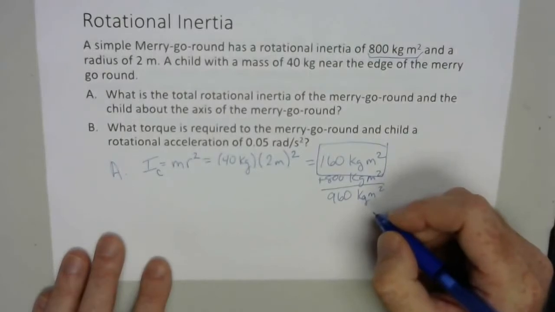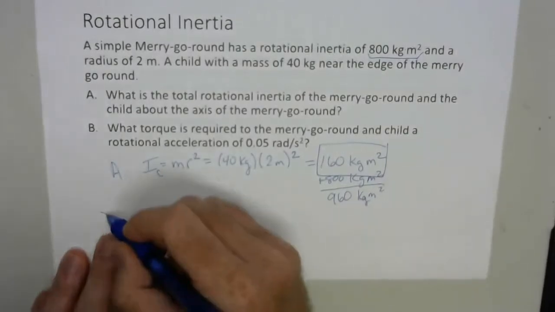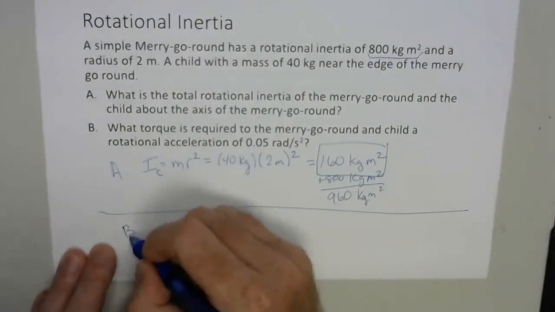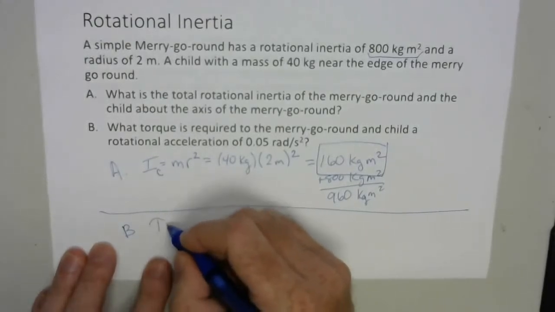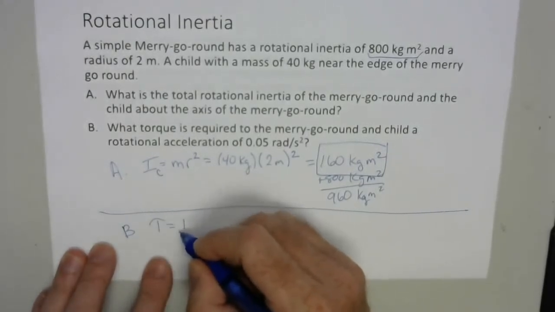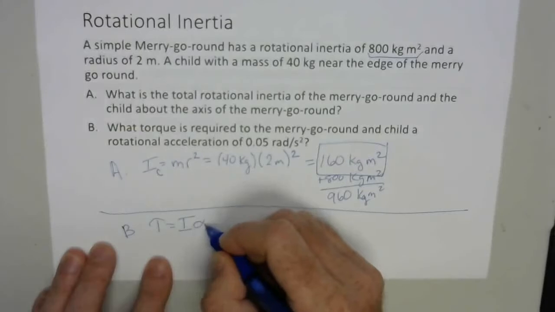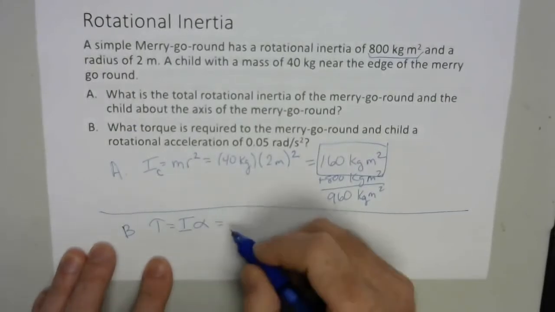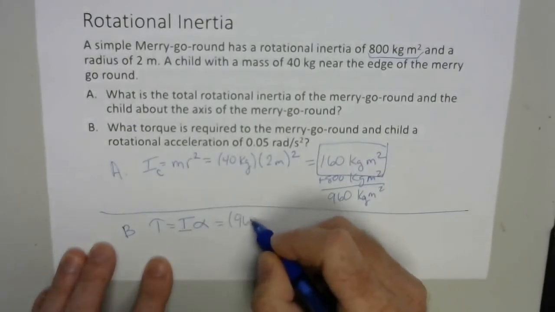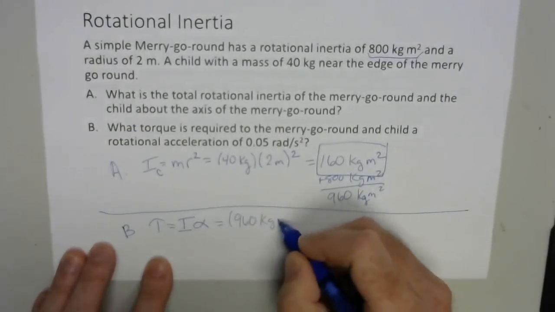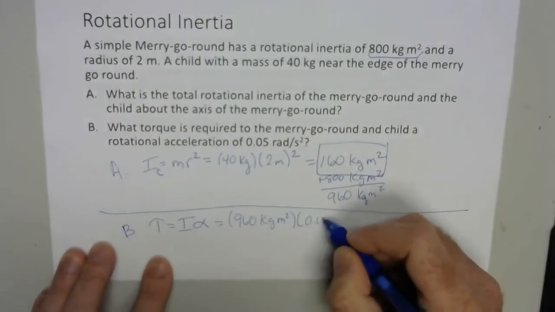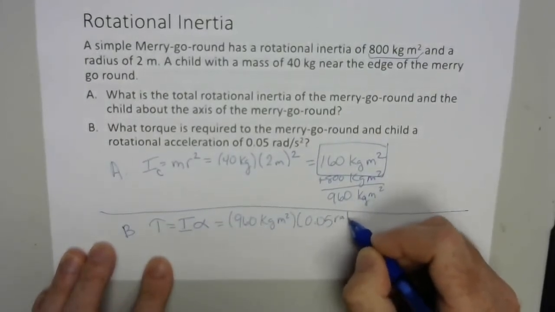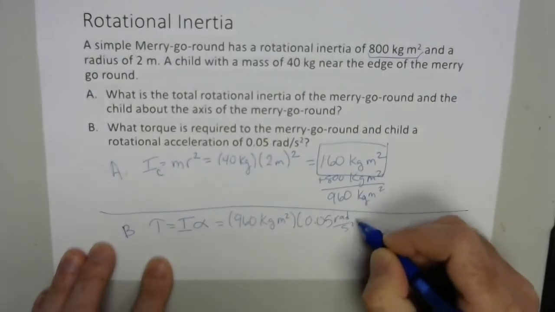So now, if I want to know about the torque needed for part B, the torque is equal to the rotational inertia times the acceleration. So we've got our 960 kilogram meter squared times the acceleration of 0.05 radians per second squared.